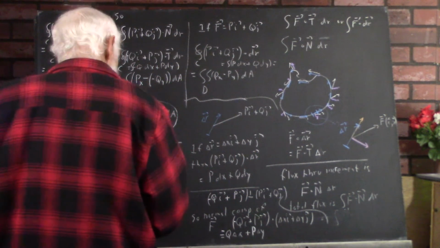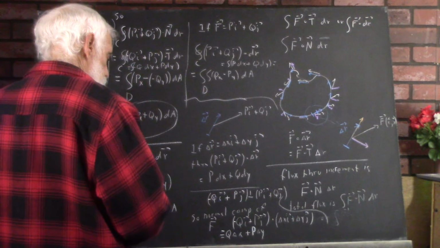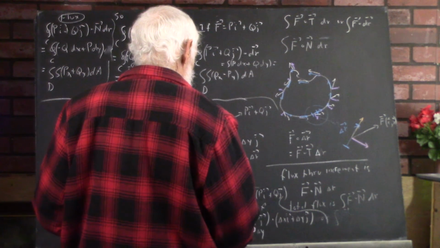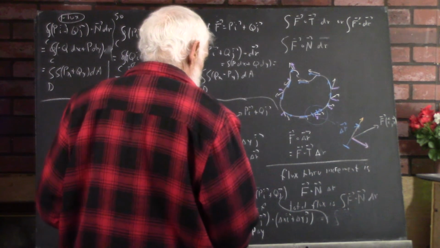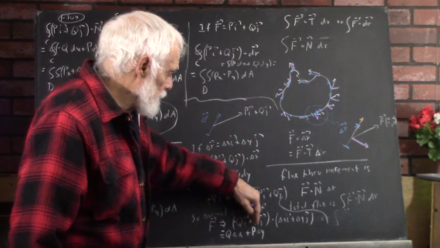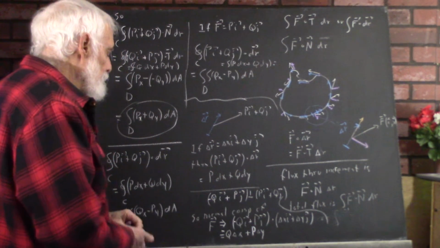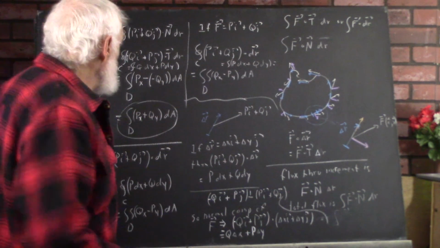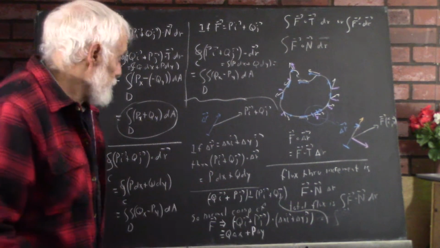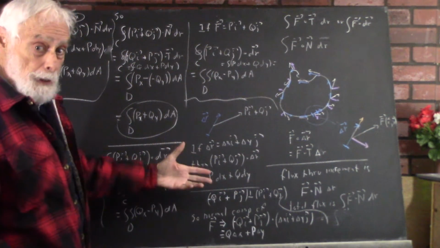So the normal component of F implies that you want to calculate this dot product, which is negative Q delta x plus P delta y, again because this is perpendicular to this and of the same magnitude.